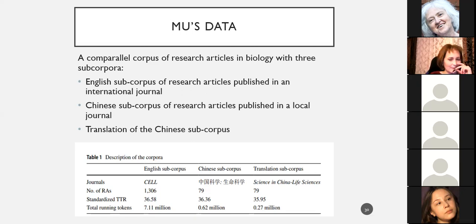And the availability of this data allowed him not only to compare the academic texts written by native speakers of English versus Chinese authors, but also to study L1 transfer, that is the influence of the Chinese authors' first language on their written production in English. So, there were some interesting research findings connected with this language transfer in this work as well.